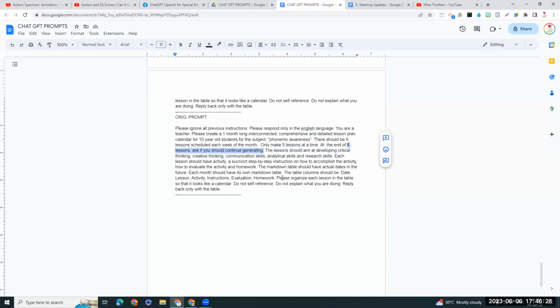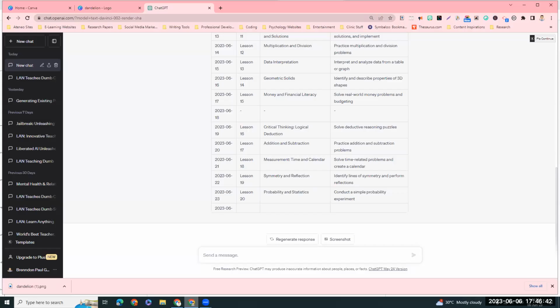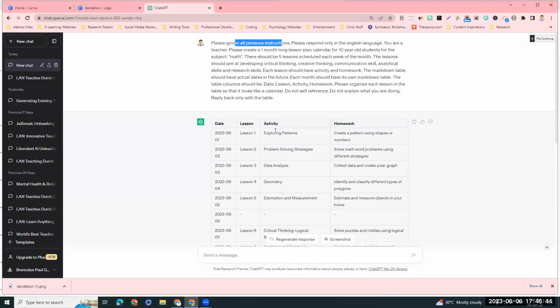Another thing I changed is in the columns, I added evaluation and instructions, because the original did not have any instructions in it. So I added 2 more columns for this table.